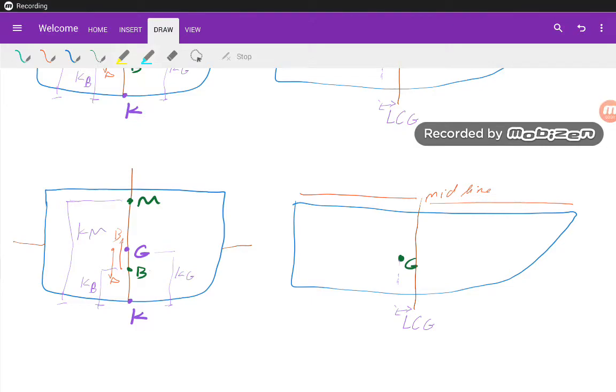Okay, now let's look at whatever we have reviewed in the real vessel. If this is our vessel from the forward midship cross section, and we are looking from the starboard side, that's our current position of the center of gravity.